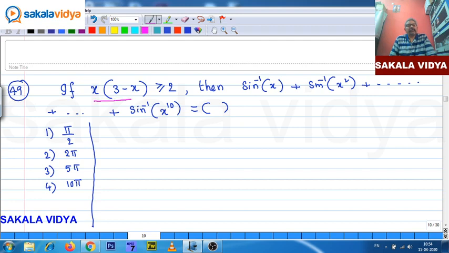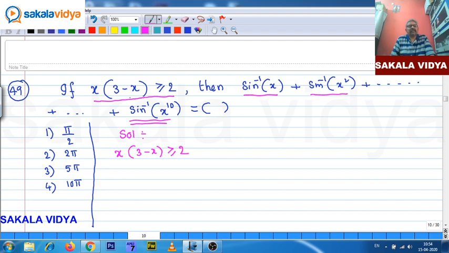X into 3 minus x greater than or equal to 2, then sine inverse x plus sine inverse of x square plus so on sine inverse x to the power of 10. Here solution. Now, x into 3 minus x greater than or equal to 2.